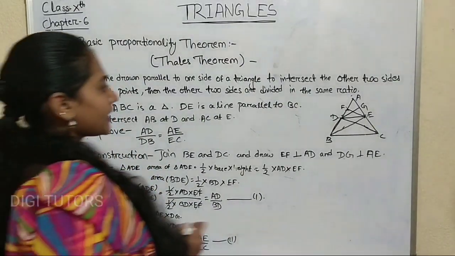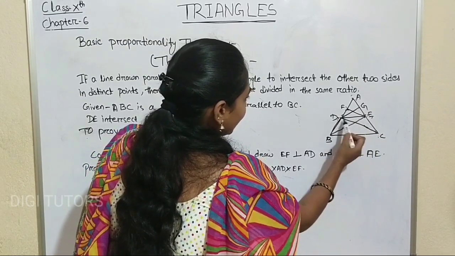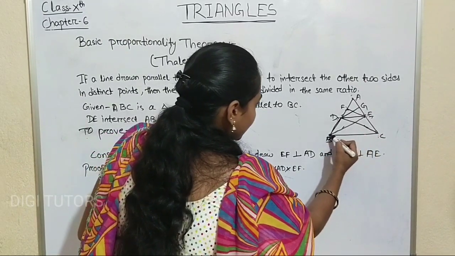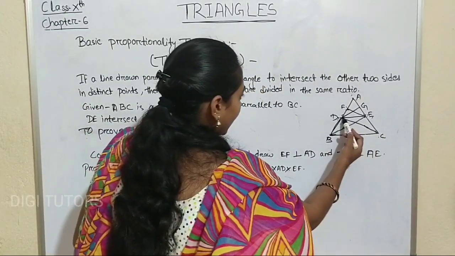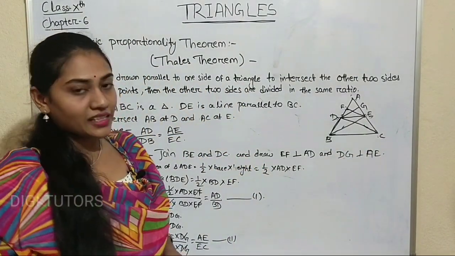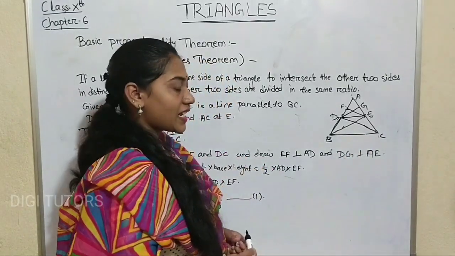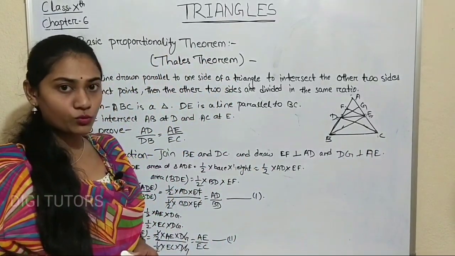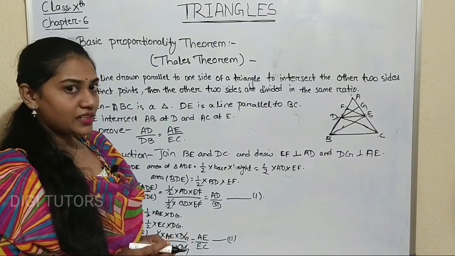So see, triangles BDE and DEC lie on the same base DE and between the same parallel lines DE and BC. In class 9th we have studied that if two triangles lie on the same base and between the same two parallel lines, then their areas are equal.